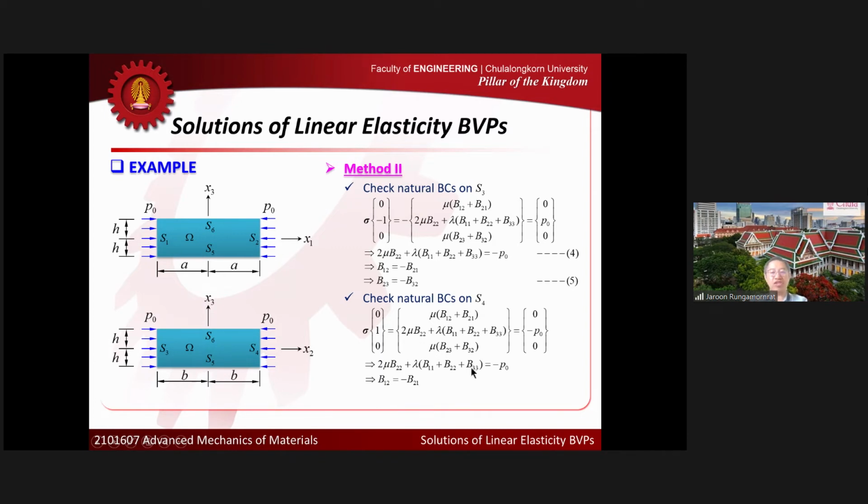So we get the same condition here, but they are not new. That one is identical to 4. And this condition and that condition are identical to the previous ones that we got from the surface S1. So I can say that when we enforce the boundary conditions on the surfaces S3 and S4, we get 2 more conditions.